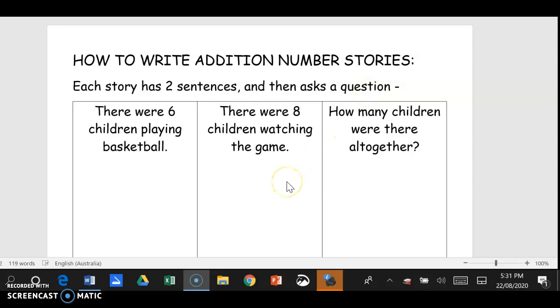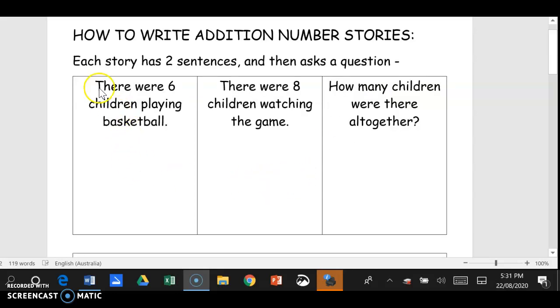So I've done a few examples for us today. The first one is there were 6 children playing basketball. There were 8 children watching the game. How many children were there all together? That's the question.